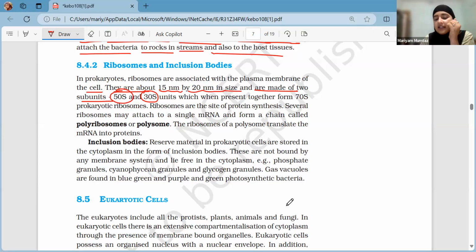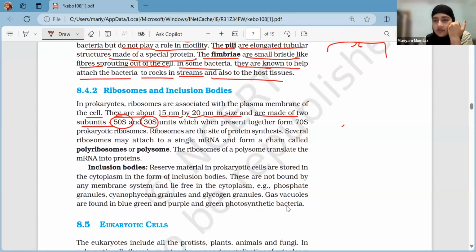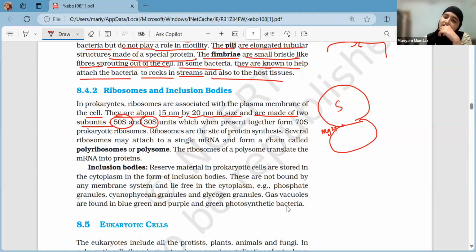If you look at the diagram of a ribosome, it has a larger subunit like this and a smaller subunit like this. Both are joined together by the magnesium divalent ion, depending on its concentration. The larger subunit is 50S and the smaller subunit is 30S.